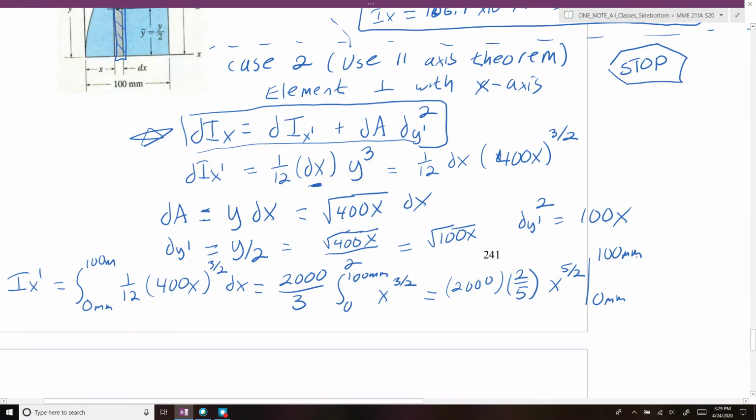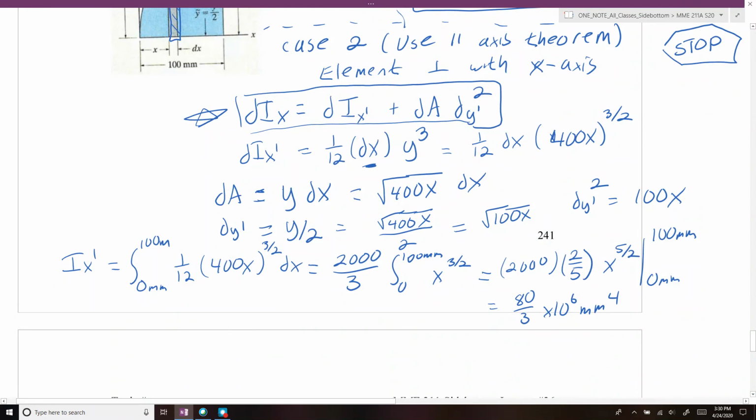If we put 100 in, we end up getting 80 divided by 3 times 10 to the 6th millimeters to the 4th.